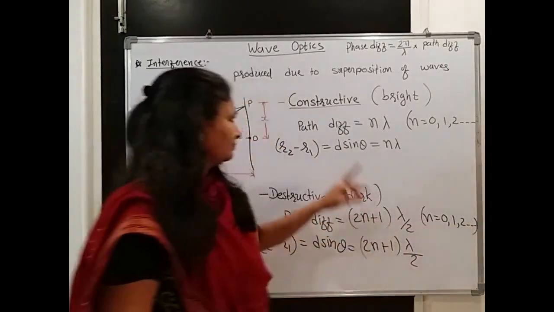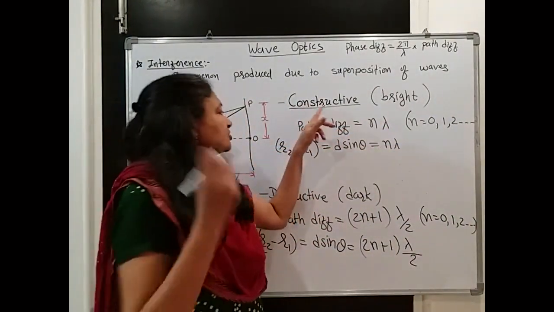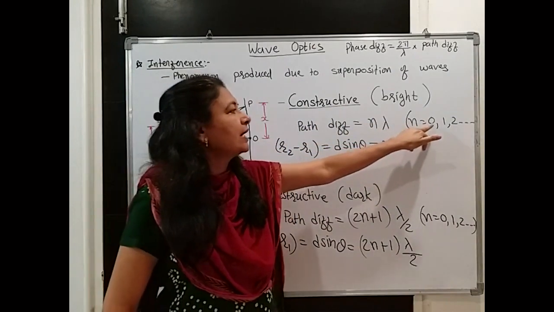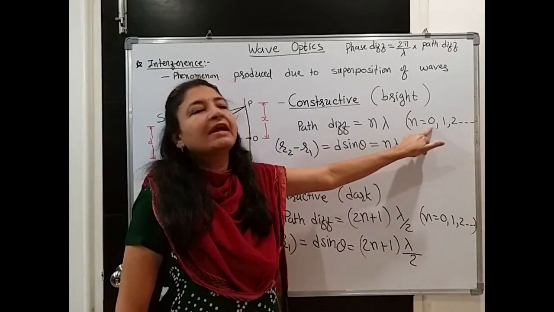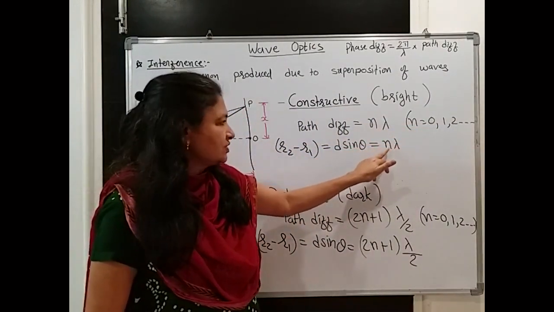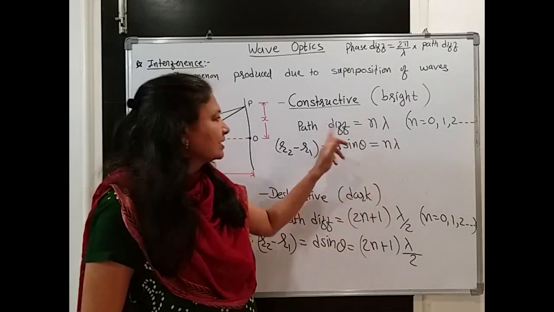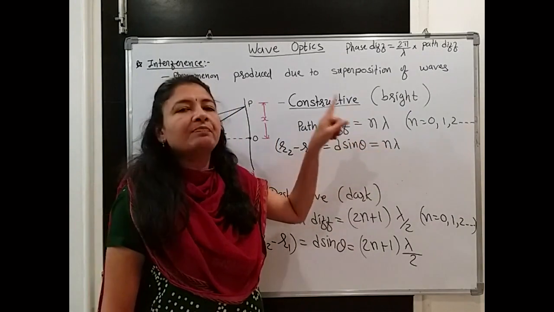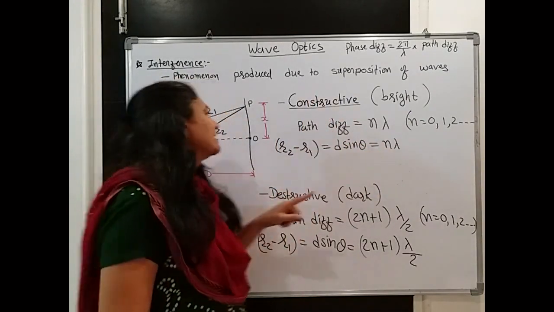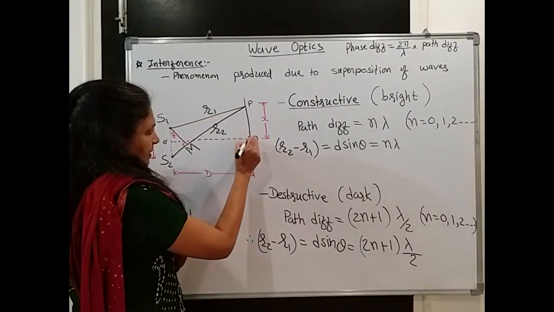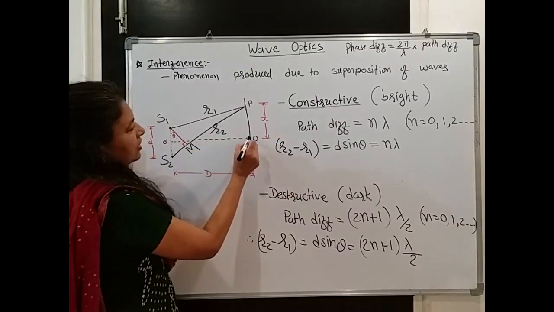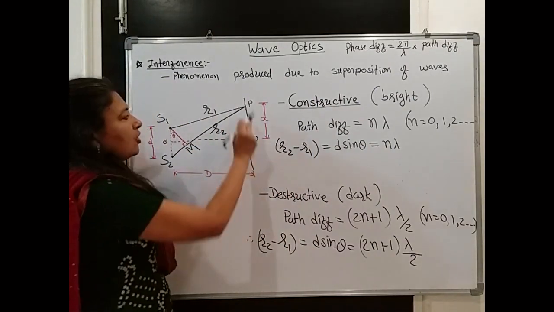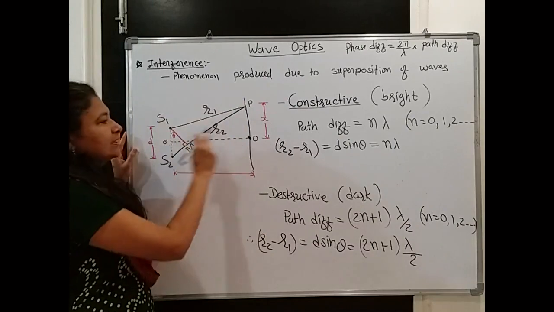Okay. Now, in case of constructive interference, if I put n equal to 0, I will get 0 into lambda, that is 0, which means the path difference is 0. And for n equal to 0, when the path difference is 0, I will get the central bright here, exactly on the perpendicular bisector of S1 and S2.